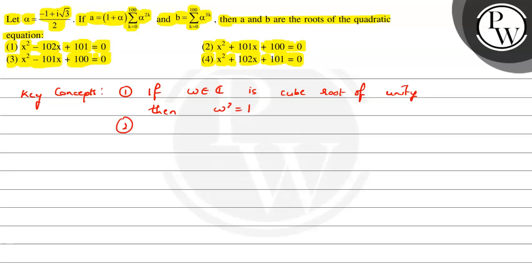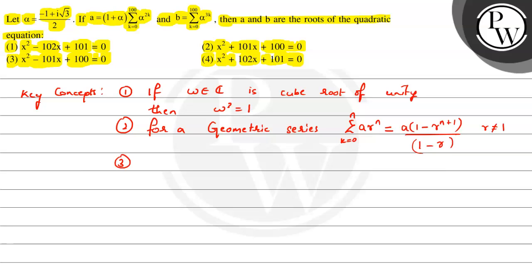The second key concept is for a geometric series, the summation for k from 0 to n of a times r raised to k, where r is the common ratio. This sum is equal to a times (1 minus r raised to n plus 1) divided by (1 minus r), for r not equal to 1.